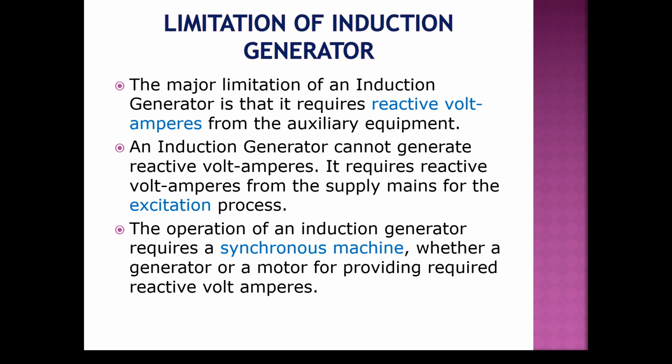Now let us see the limitations of the induction generator. As we have seen earlier, what will be the limitation? It requires reactive volt amperes from auxiliary equipment. An induction generator cannot generate reactive power. It requires reactive power from the supply mains for the excitation process.